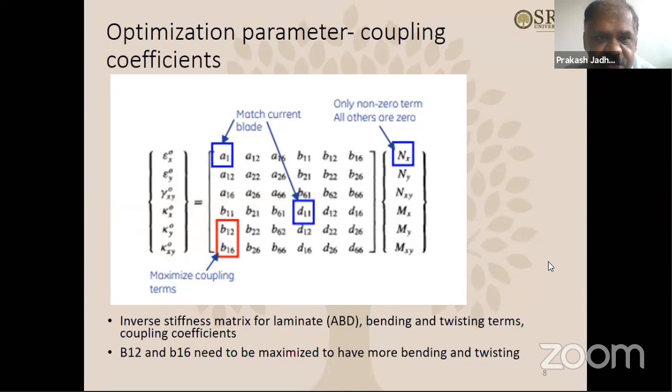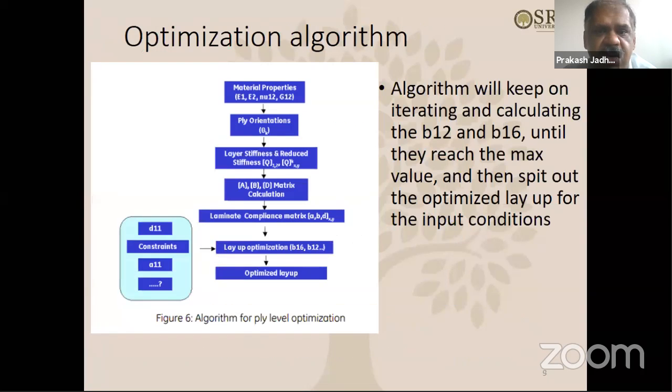So optimizing these coupling coefficients. We wrote some code in MATLAB. The algorithm was written, and we give the input properties and some initial ply orientations, and then it calculates the stiffness matrix, and it also calculates the inverse matrices, and then our algorithm kicks in.